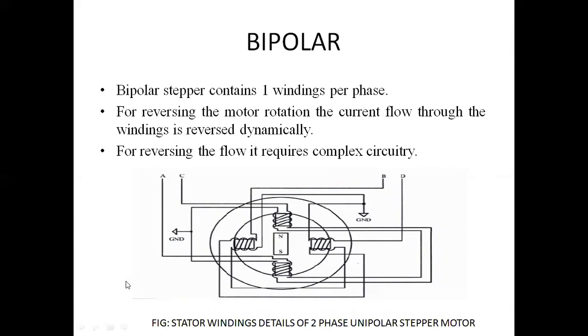A bipolar stepper motor contains one winding per phase. For reversing the motor rotation, the current flow through the windings is reversed dynamically.